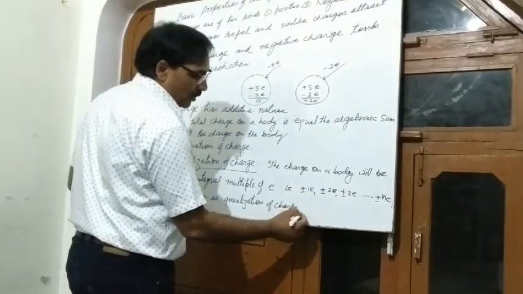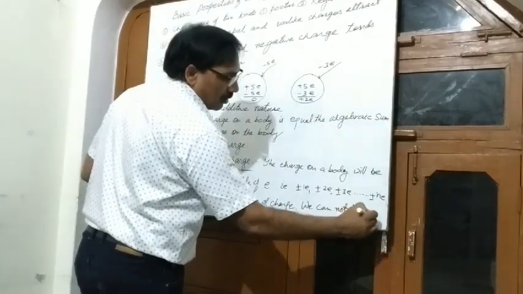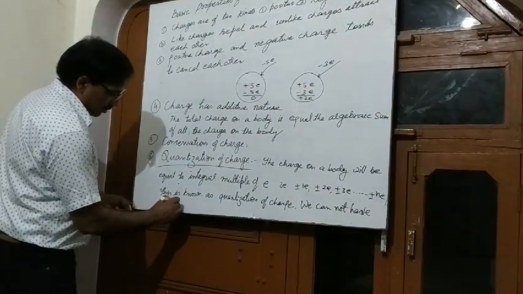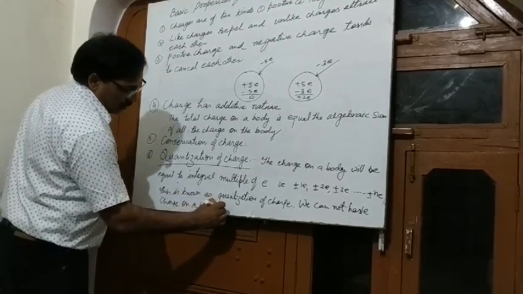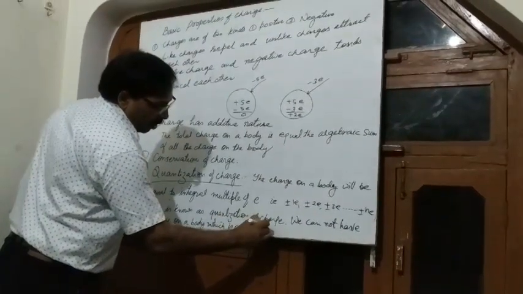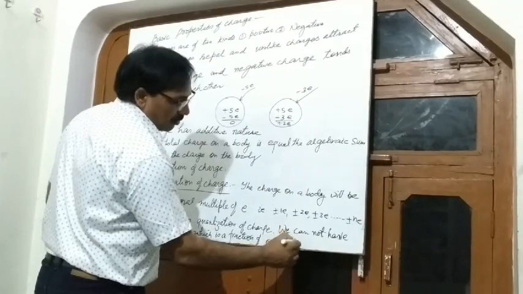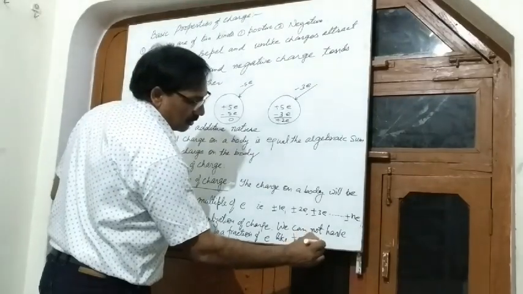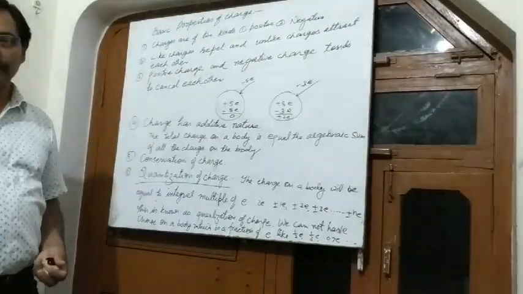We cannot have charge on a body which is a fraction, like 3e, 0.7e, like this. Clear?